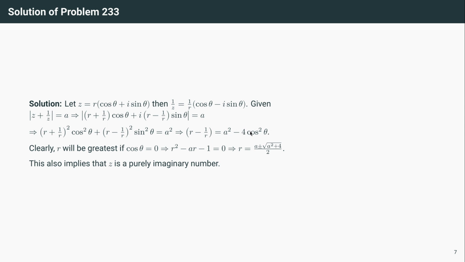It won't be greatest when cos theta is minus 1, because that will make cos square theta positive, so this will be greatest when cos theta is equal to 0. So we arrive at r square minus ar minus 1 is equal to 0, which gives us r is equal to a plus minus square root of a square plus 4 by 2. Now observe that we have cos theta is equal to 0. That means the real part will become 0. So the number z is a purely imaginary number.